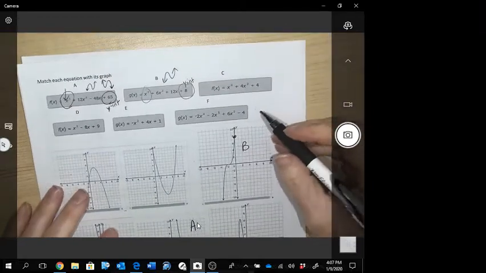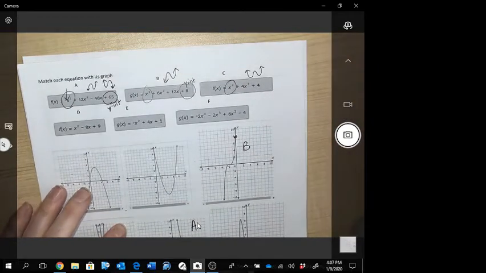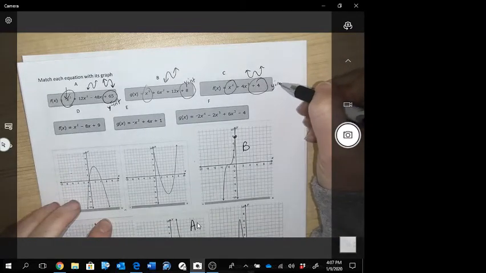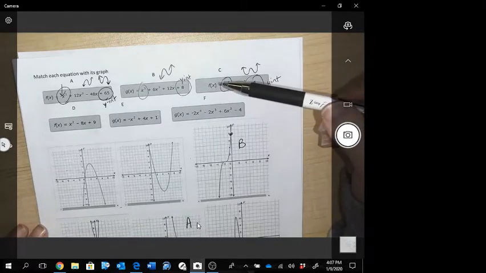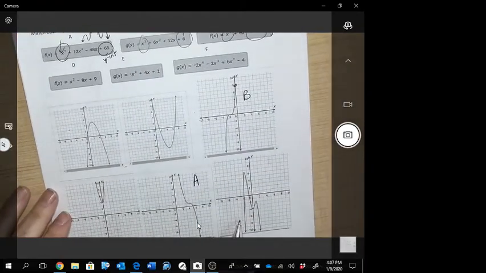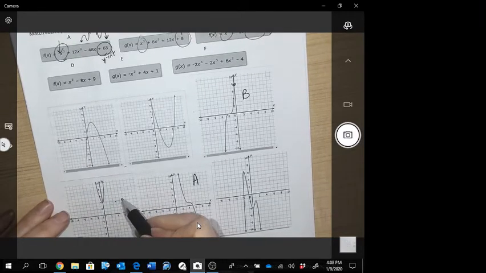Okay, C, 4th degree, so it should be something similar to that. Both arrows going up, crossing at 4. So where do we see something like that? It's going to be one of these 3, but it's going to be this one.